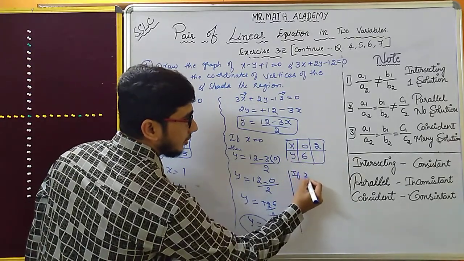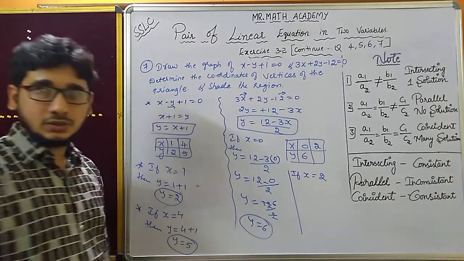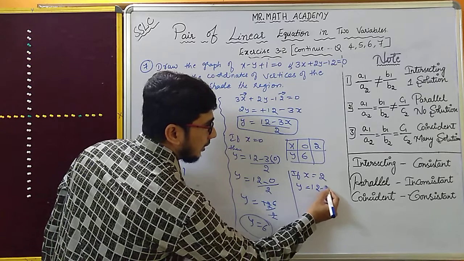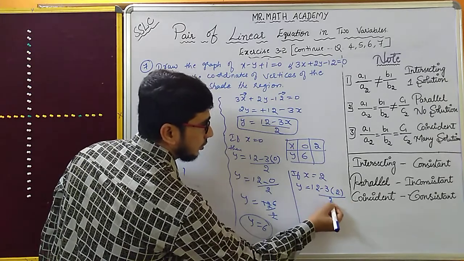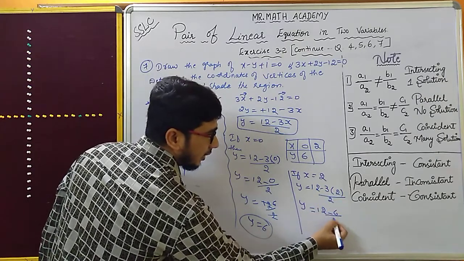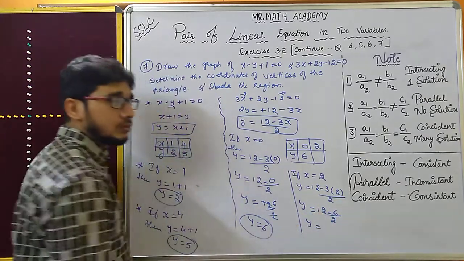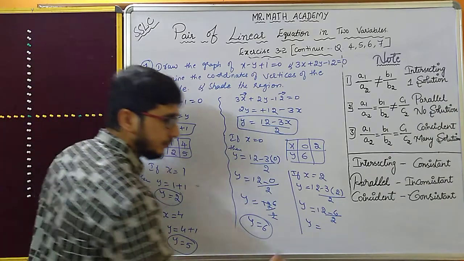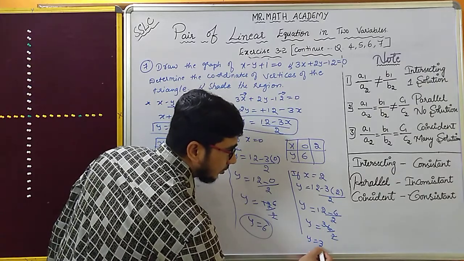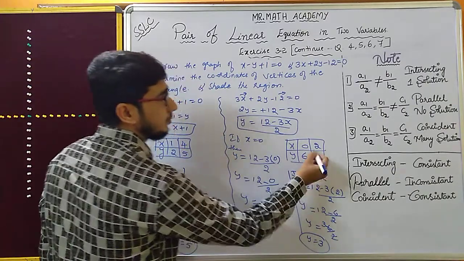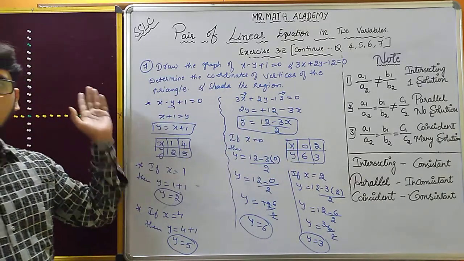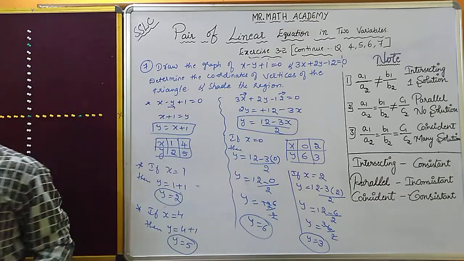So if x is equal to 2, what will happen? y is equal to 12 minus 3 into 2 by 2. 12 minus, 3 twos are 6, by 2. y is equal to 12 minus 6 is 6, 6 by 2. 2 threes are 6. So y is equal to 3. Here 3 will come. Now we have to plot these points and we have to plot these points. We'll get the graph. We'll go to plot now.